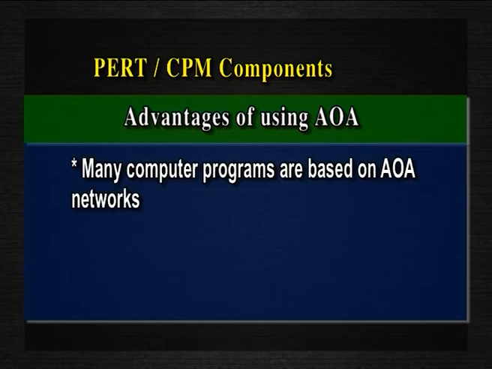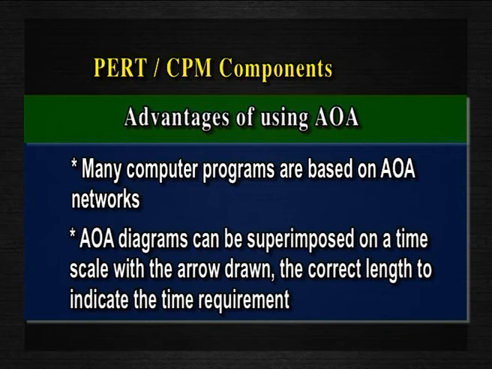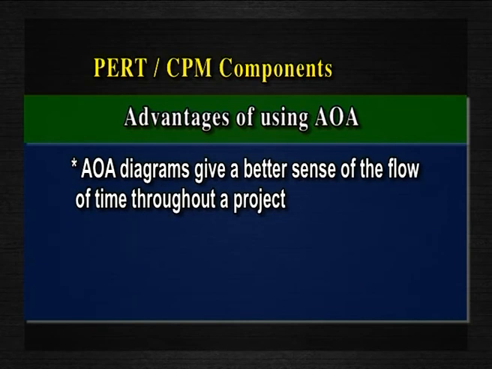Many computer programs are based on AOA networks. AOA diagrams can be superimposed on a time scale with the arrow drawn the correct length to indicate the time requirement. AOA diagrams give a better sense of the flow of time throughout a project.